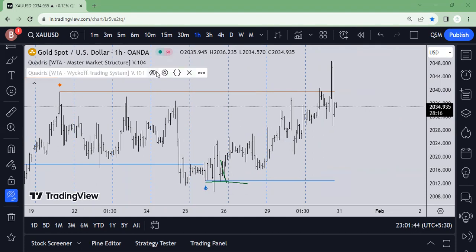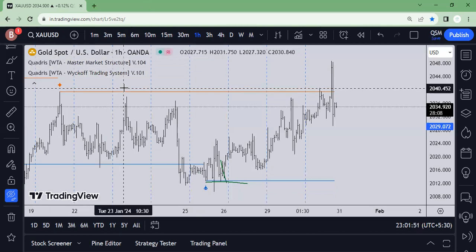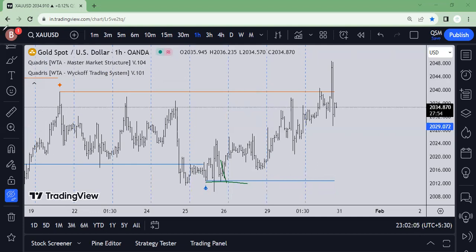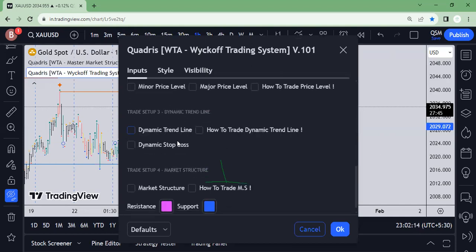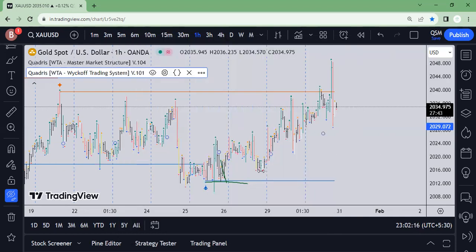A person opting for both knows how to trade either in terms of only levels, or tape reading triangles, or dynamic trend line and stop loss.